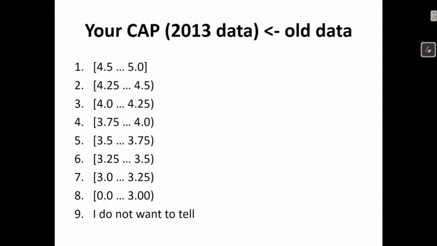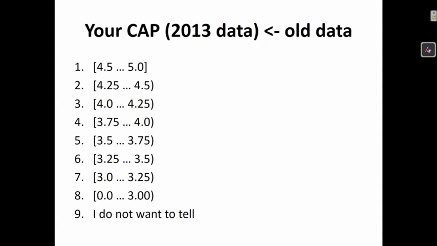Next is your CAP. This one we only conducted until 2013, because after that nobody wanted to give info anymore. Before that it wasn't on the Facebook group, it was on some other platform. After we shifted to the Facebook group, when you click, people know who you are, so after that nobody wanted to take this poll.